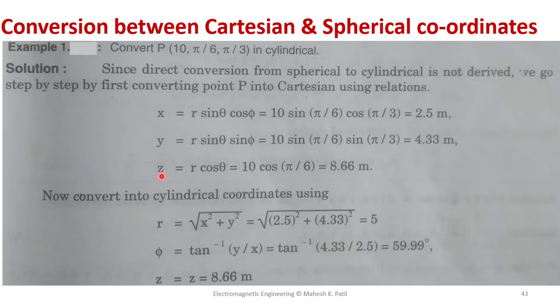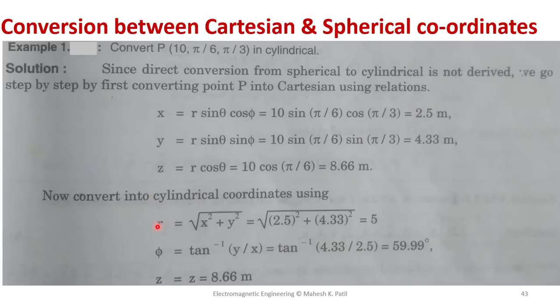Similarly, z equal to r cos theta. So it will be 10 cos pi by 6. If you simplify this, we will get the answer as 8.66. Now this spherical point is converted into Cartesian point. Now this Cartesian point can be converted into cylindrical point.